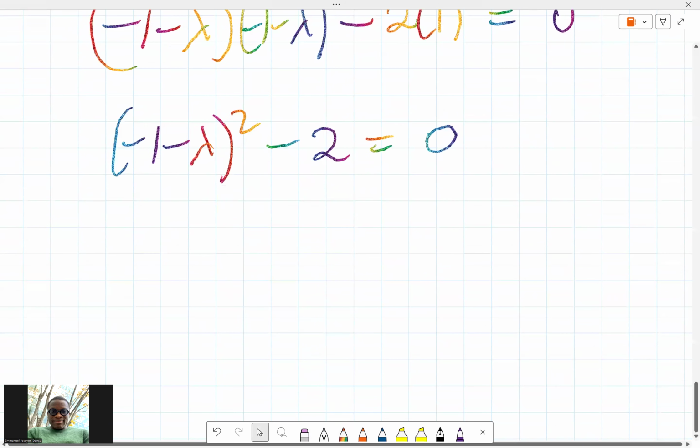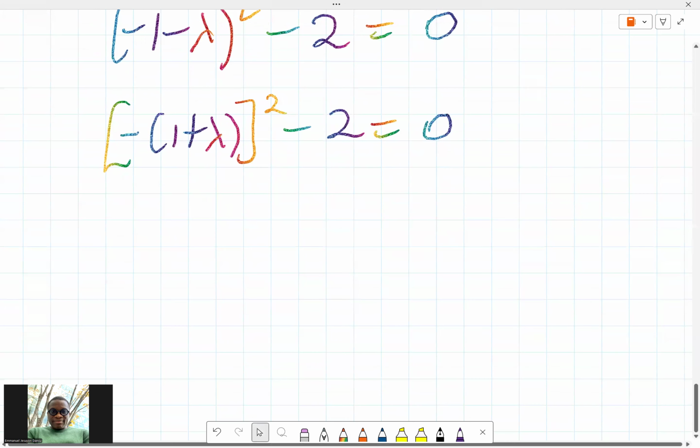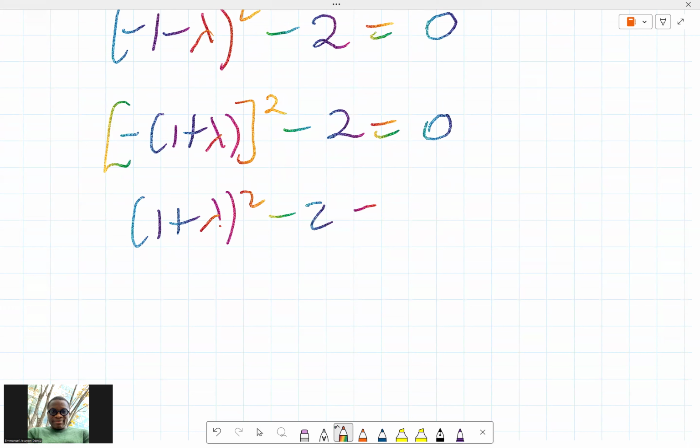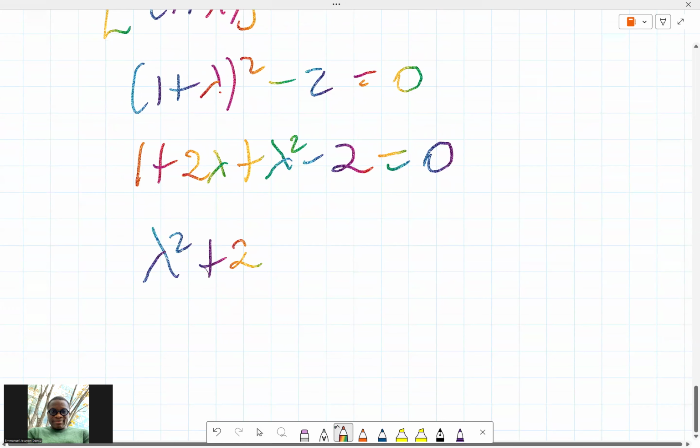We can square this out, so this is (1 plus lambda) squared, factorizing the minus out, minus 2 equals 0. So that means we have 1 plus 2 lambda plus lambda squared minus 2 equals 0, so that we have lambda squared plus 2 lambda minus 1 equals 0.